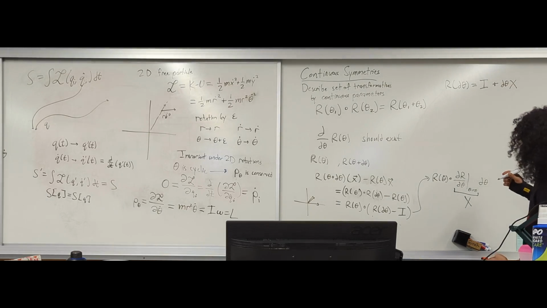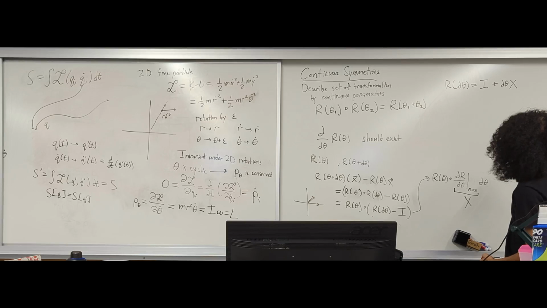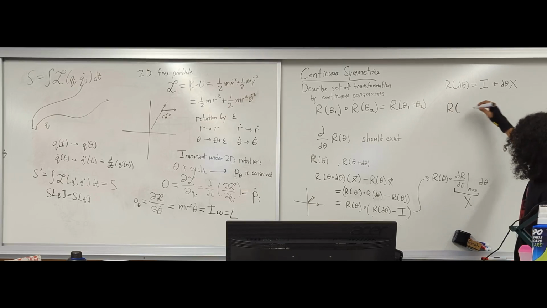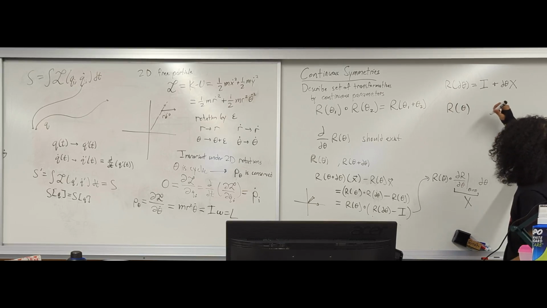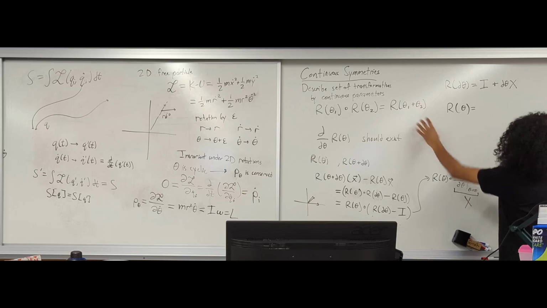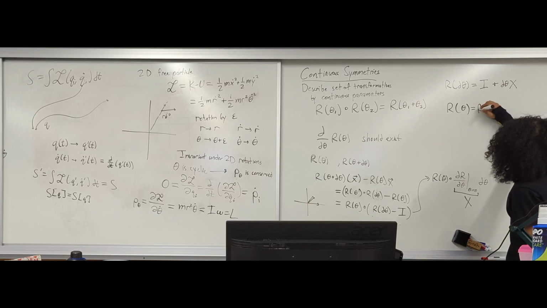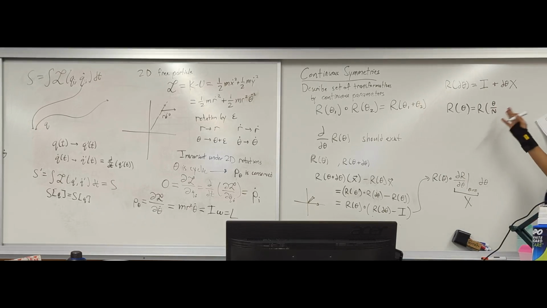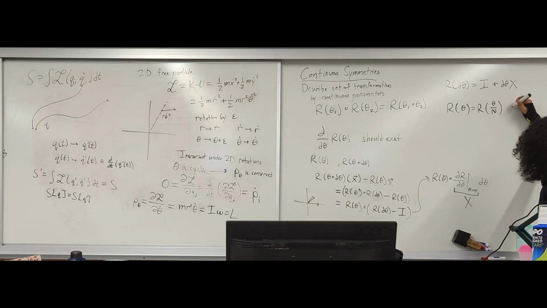So if we wanted to achieve the rotation by any angle theta, what we could do based on this is repeat the rotation by theta over capital N, where n is some integer, and then do that n times. Okay? So not forever, just n times.